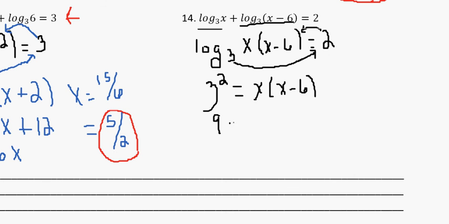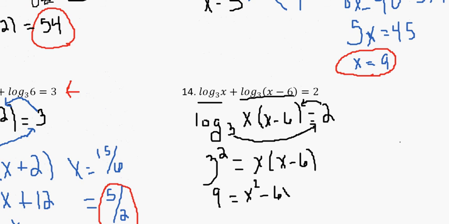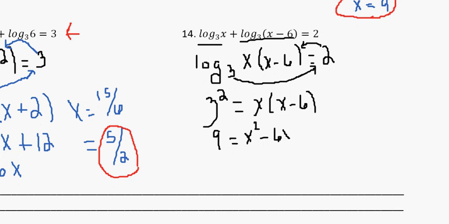So what I get is 9 equals, and I'm going to go ahead and distribute my x squared minus 6x. Noticing now I have a quadratic, and quadratics must be set equal to 0 to solve them. I'm going to go ahead and subtract the 9 from both sides.